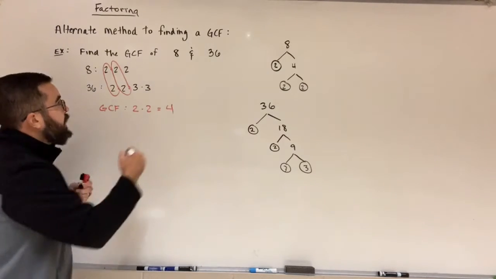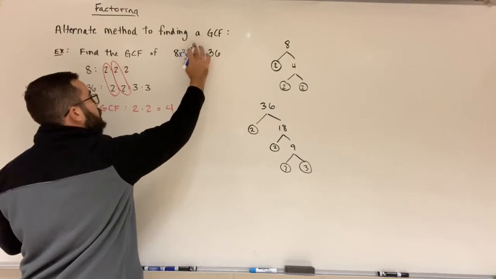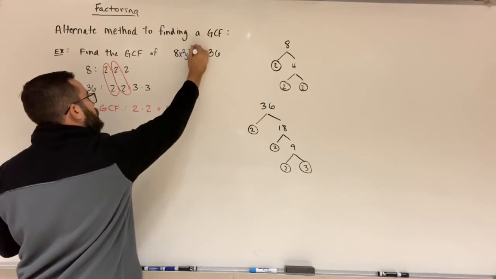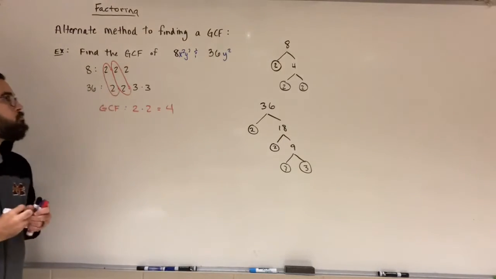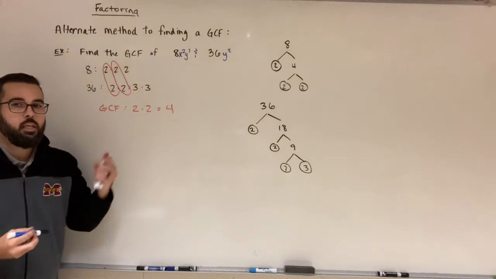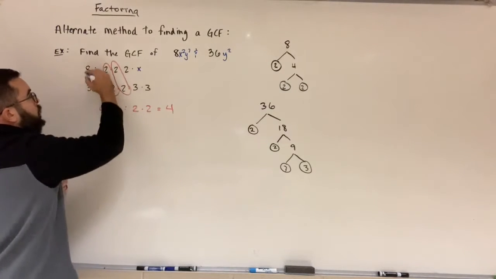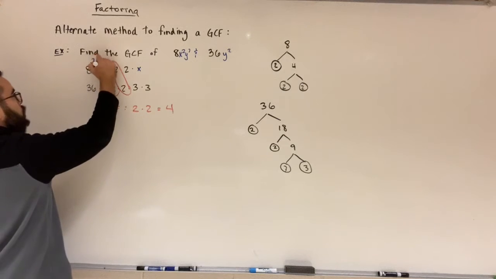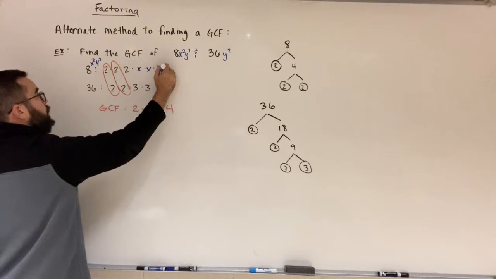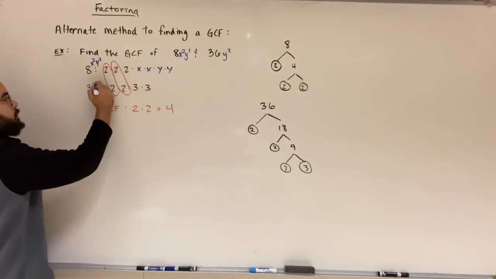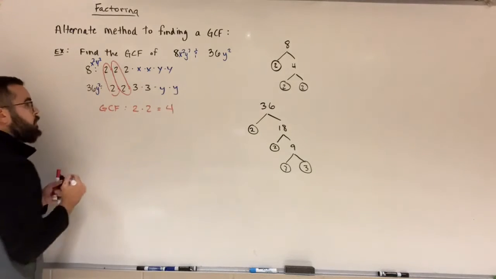So what about if I add in variables like x squared, y squared? And to 36, I add in y squared. Well, you do the same thing that we did with the factor rainbow. You just put those factors at the end and say, well, 8x squared y squared is just times 2 x's and then times 2 y's. 36y squared is just times y times y.